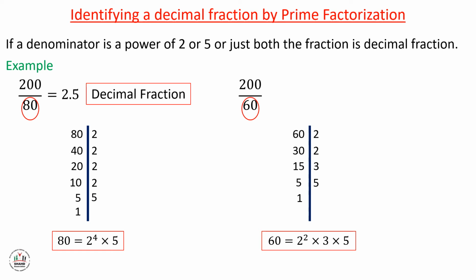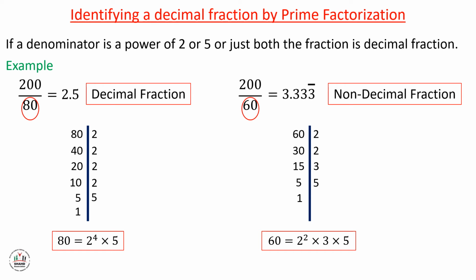So now we have 3, not 2 and 5 only. So we can directly say that 200 over 60 is a non-decimal fraction. Again, you can use your calculator to get the quotient of this fraction, and the calculator will give you 3.3333, etc.